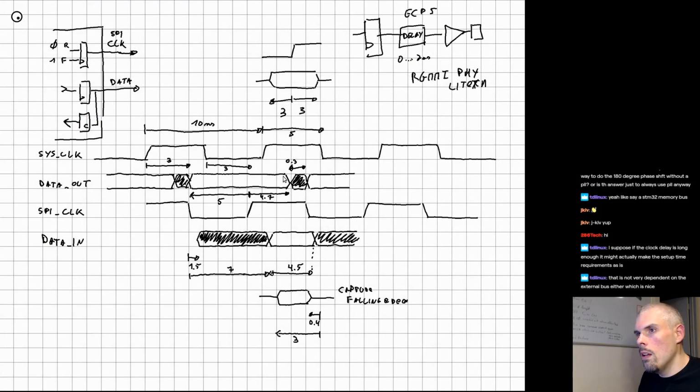And so you might find that at lower frequency, instead of using that falling edge, you need to use that rising edge, for instance. If you change the frequency of operation of your core, you might need to change which edge you use.